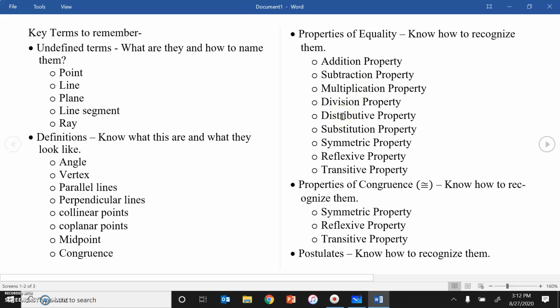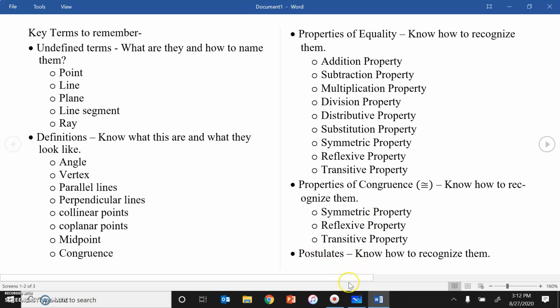The distributive property, you guys know what that is. Substitution, we've used in a couple of examples today. You solve for a variable, then you substitute it back in. And then the symmetric, reflexive, and transitive property are the only three properties that can be used for equality and for congruence. Okay? And your homework tonight had the problems that we did in class, how to deal with those properties.